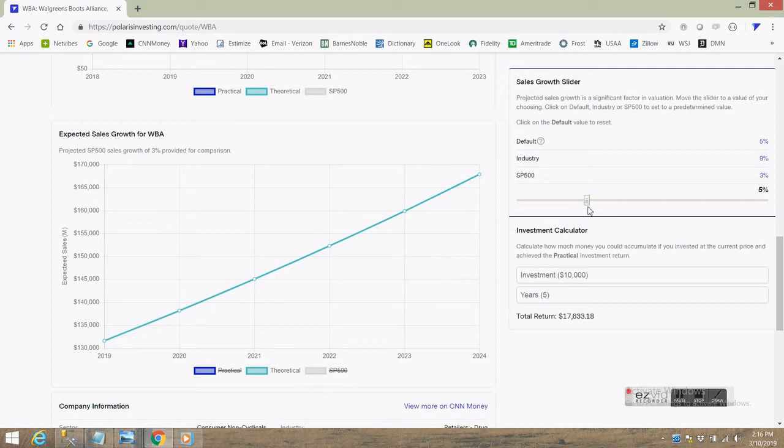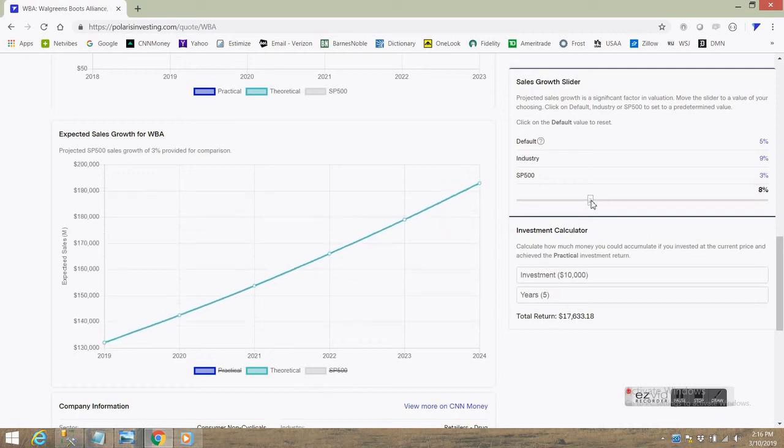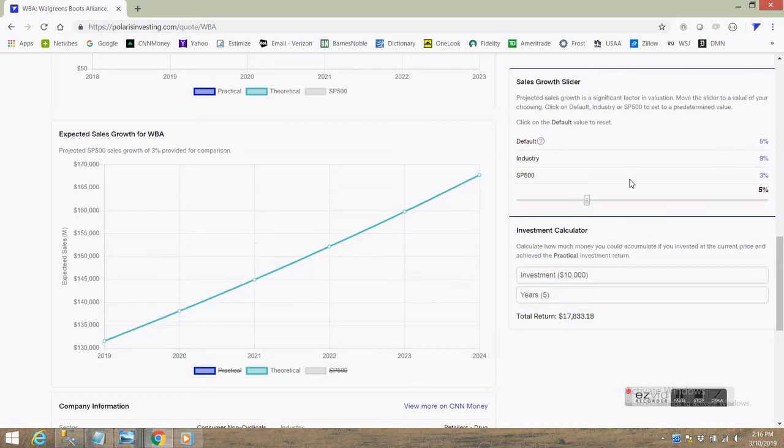You can see here as I move the slider around, it's really impacting the future sales of the theoretical valuation. So anyway, you look at where the sales is starting off. This is the current sales, so it's 131 billion for Walgreens, and you need to think through whether that's a representative number or not.